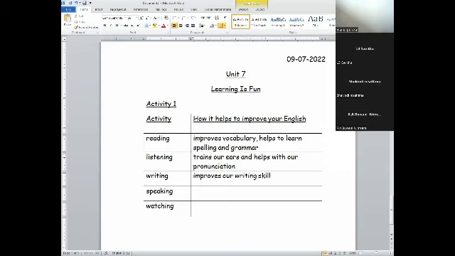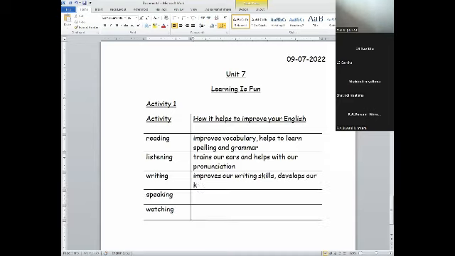It's not in the book. Develops our knowledge of grammar. It's not in the book, so you can write a suitable answer.